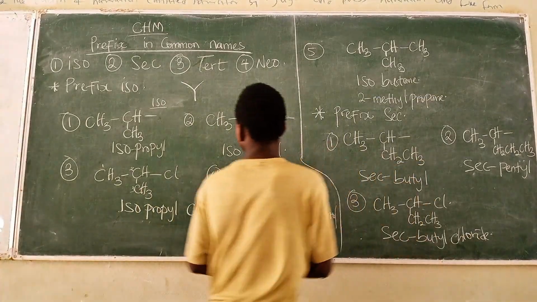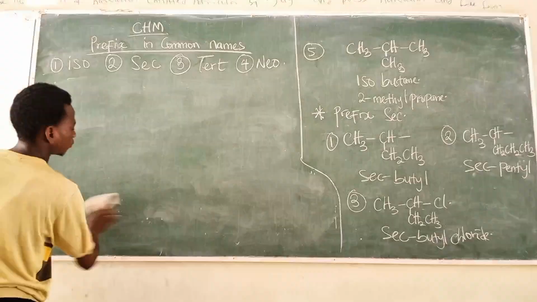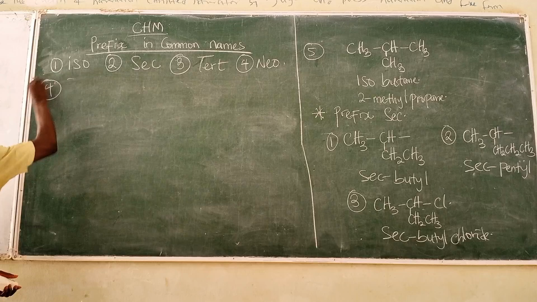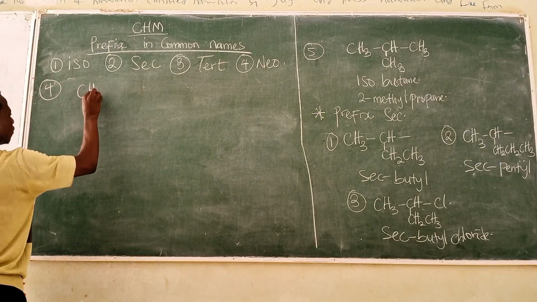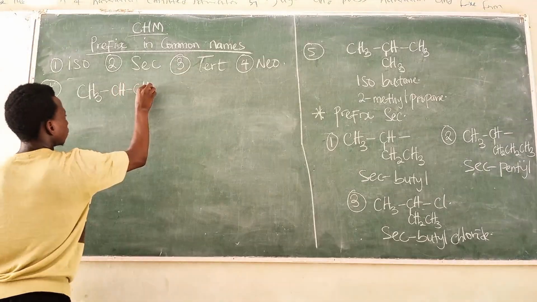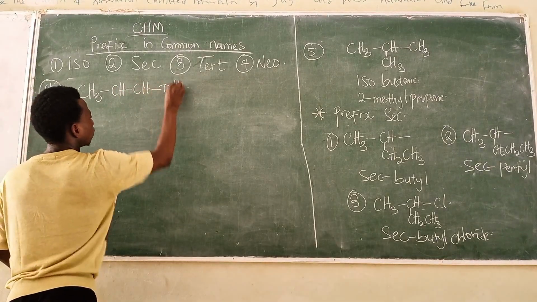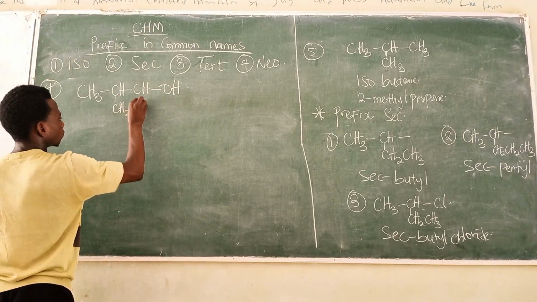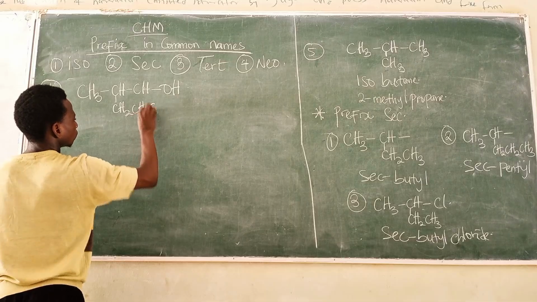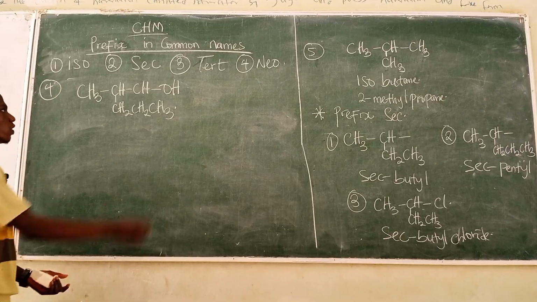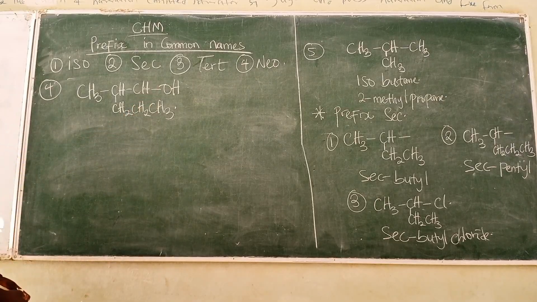Let's say we have another example, example 4. In example 4, we have the structure given this way. Let's say this is the structure we have, and then this structure is bonding to a parent functional group, the alcohol functional group.